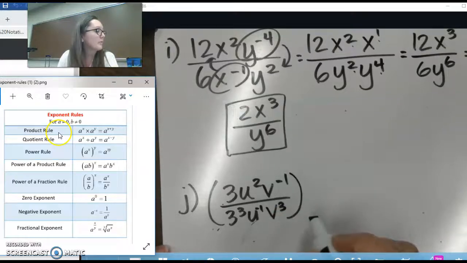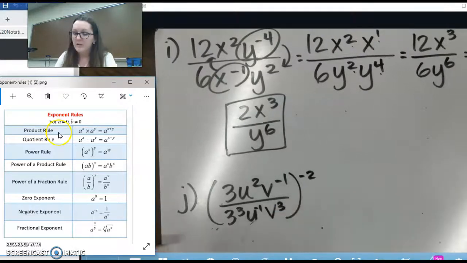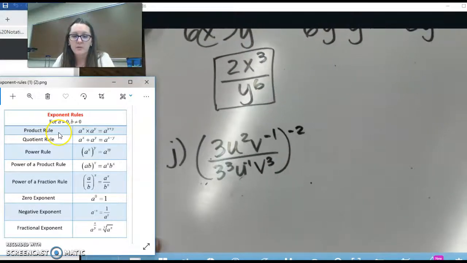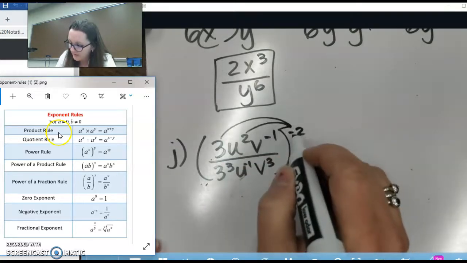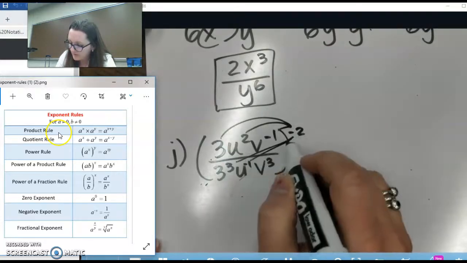Copying correctly is very important. Since I have parentheses, I'm going to deal with my power first. It's the power to a power rule, so it's applied to everything. Don't forget that. It's applied to everything, even if it doesn't show an exponent. It still has an exponent.